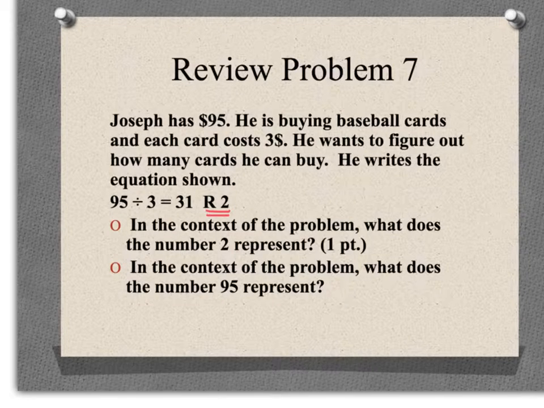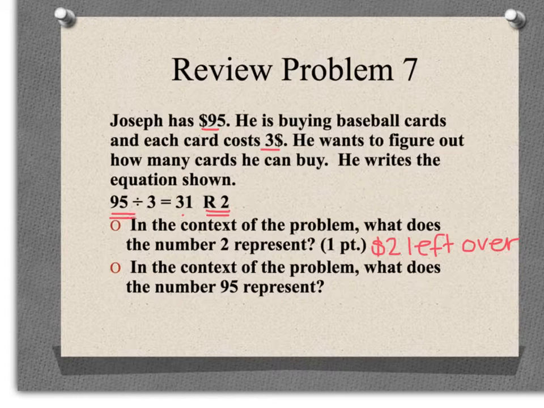In this case, he divided the amount of money he had by the cost of each baseball card. He can buy 31 cards, and the remainder 2 is the $2 that he has left over. The 95 represents the total money that he has to start with.